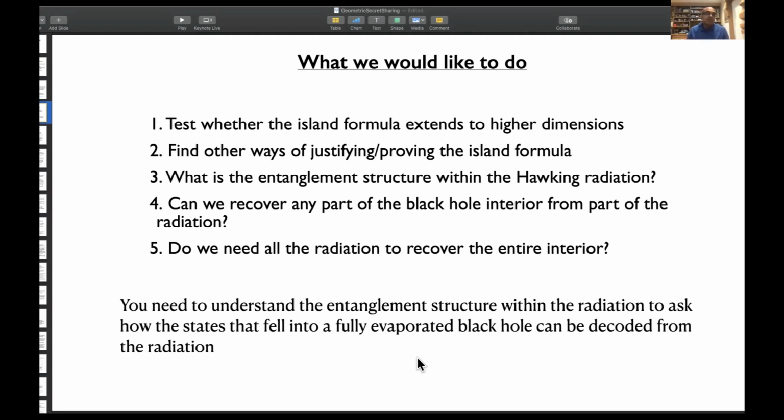And these kinds of questions we do want to understand because, of course, if you have an actual evaporating black hole in flat space, after it has fully evaporated, there's no interior per se to be entangled with. So all the information about what fell in to make the black hole, you know, elephants, encyclopedias, and so on, is stored within the entanglement structure of the radiation. So these questions 3, 4, and 5 are definitely interesting to try to understand.